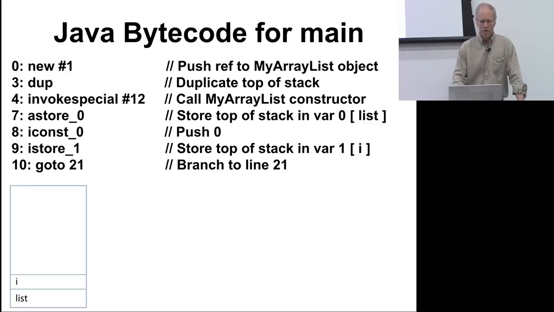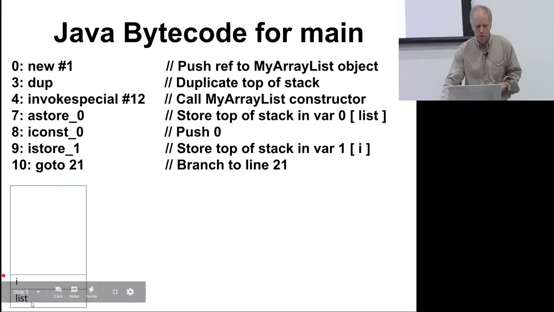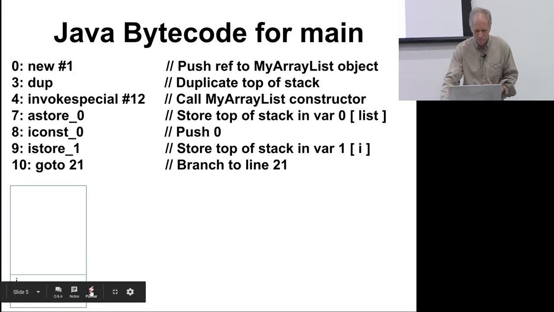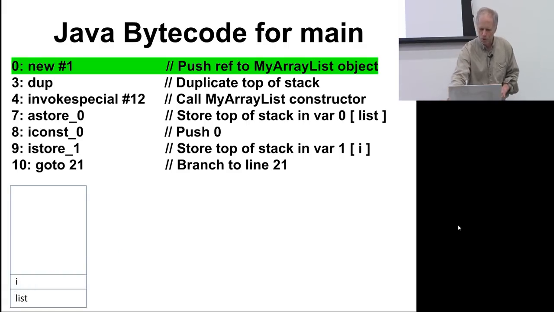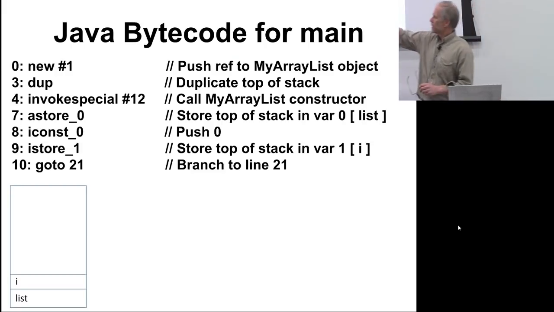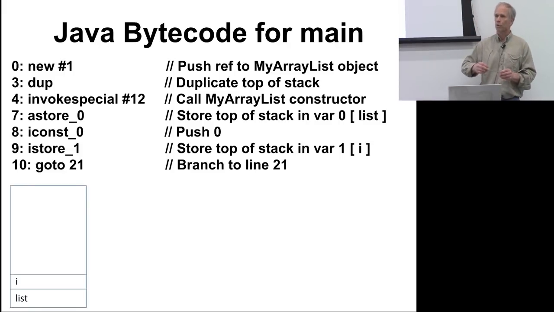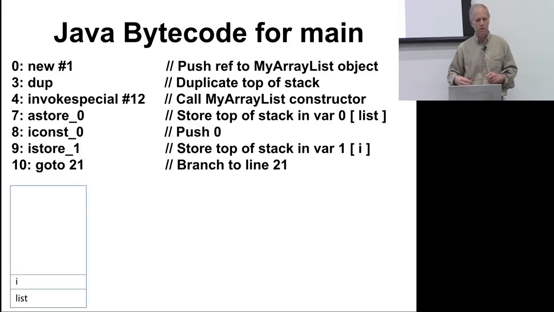The stack is just a place in memory where the values of variables and other things are stored. At the top of the stack right now, we have a place to store list and a place to store I. That's what the Java virtual machine uses to store things.